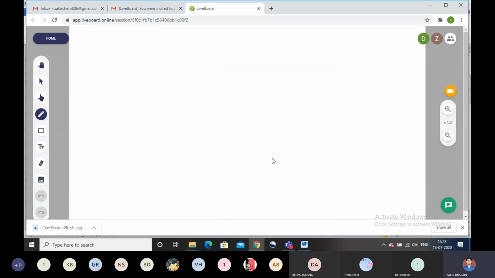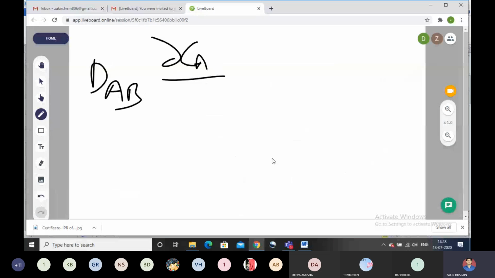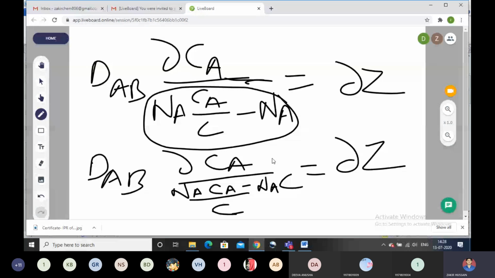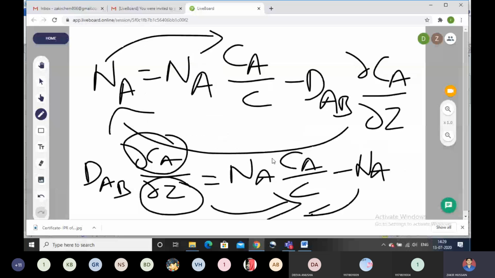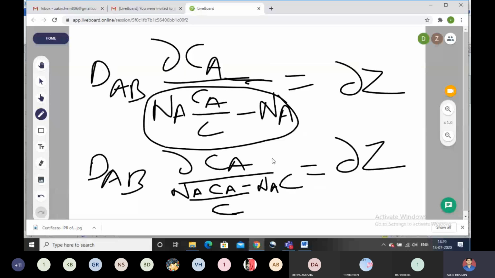Just see, Dab dou Ca. We can send this C to the numerator. This C, the capital C which is in the bottom, we are bringing upside.